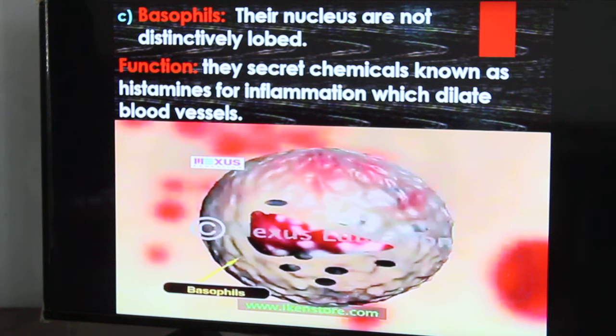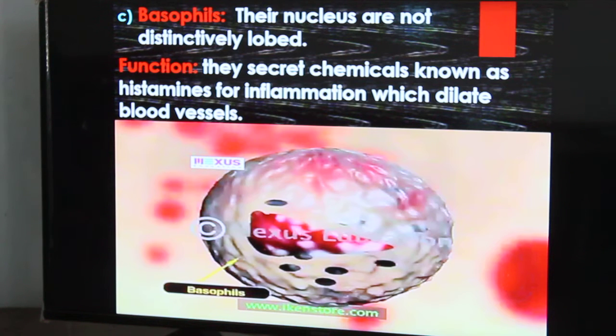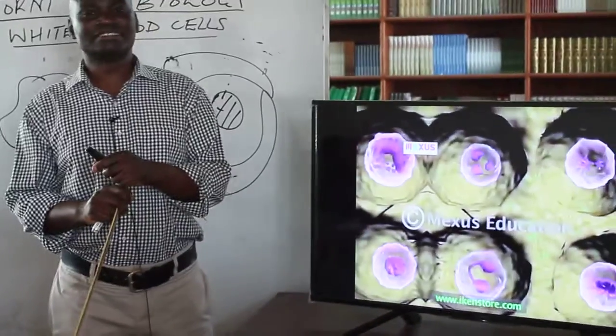Histamines are secretions released when we have foreign materials in the body, and they cause inflammations. These inflammations are a result of dilation of the blood vessels. The blood vessels widen due to the presence of histamines. The histamines are also responsible for allergic reactions in some.